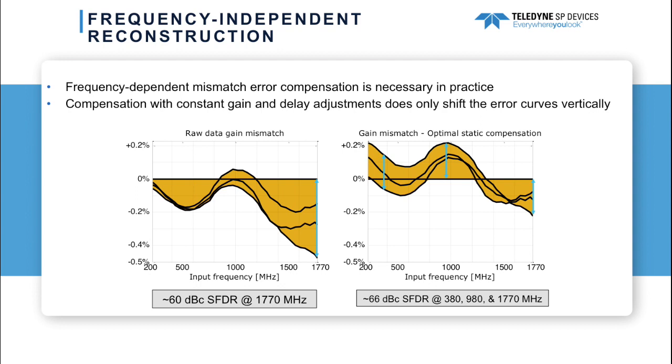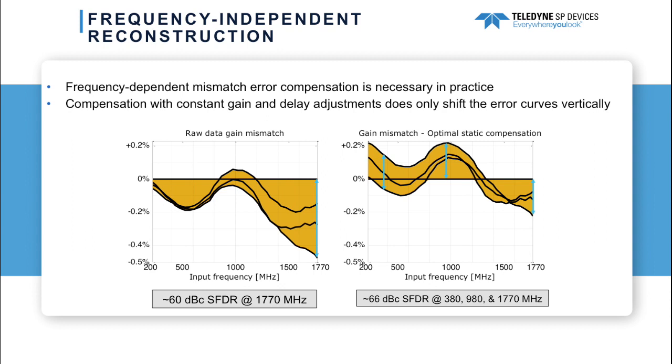As one of the 4 ADC cores in the array is used as a reference for the others, the gain versus frequency for that ADC core is a straight line at 0%. The other 3 curves show the measured gain mismatch relative to the reference, and it is clearly visible that the curvature of the mismatches versus frequency is quite significant.